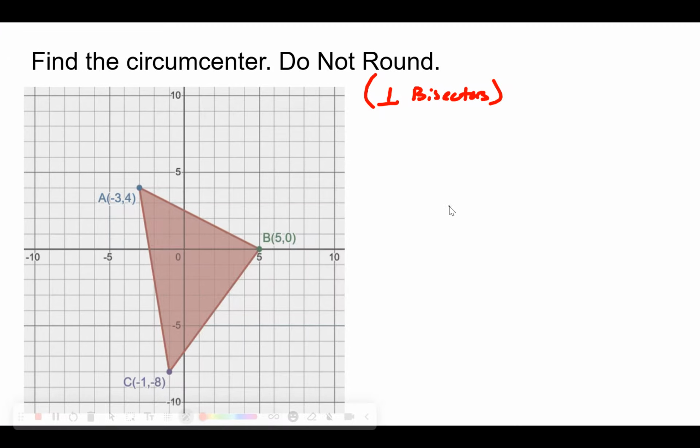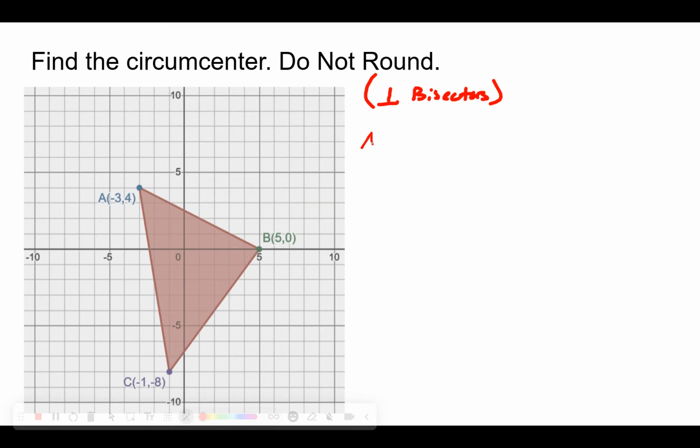We need to pick 2 of our 3 sides and find the perpendicular bisectors of them. I think I'm going to choose AB and BC. I think they're just shorter. It does not matter. Again, the numbers are not always going to be pretty, so just buckle up.